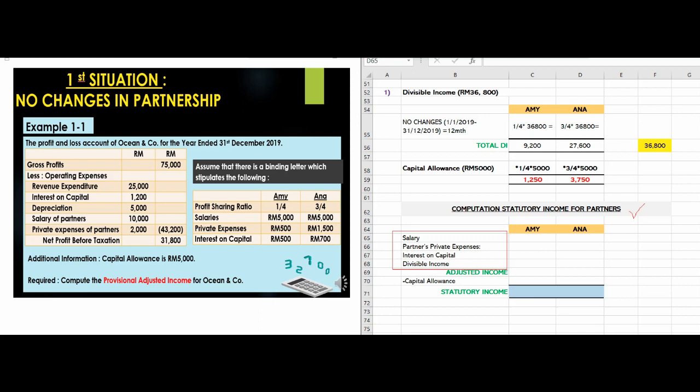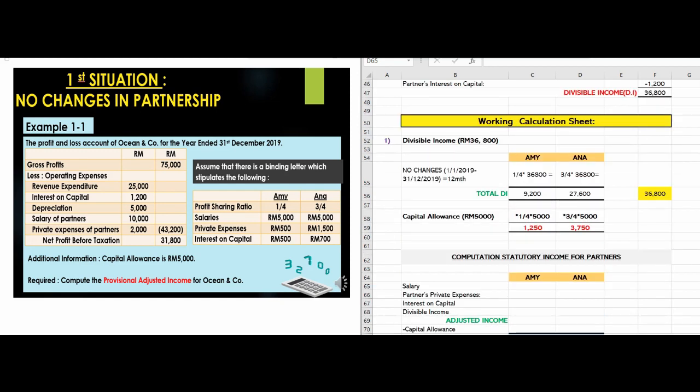Any expenses that the partnership has given to each partner would be stated under statutory income. First of all, there is the salary part, the private expenses for each partner, interest on capital for each partner, and divisible income allocation.